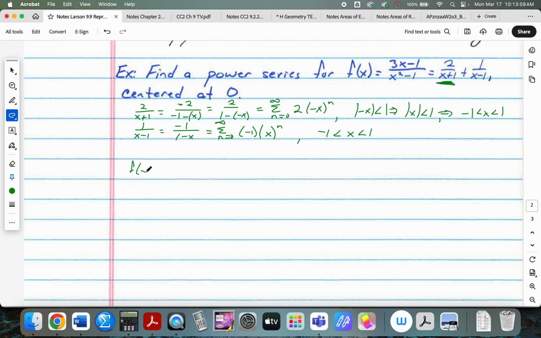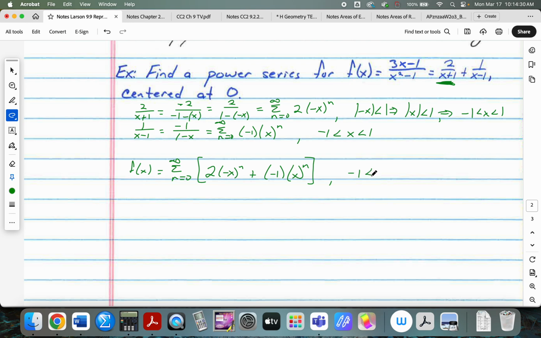So here, f of x is going to be equal to the summation as n goes from 0 to infinity of just the sum of those two parts. So it'll be 2 times negative x to the nth plus negative 1 times x to the nth. I need to put brackets around that because I want all of that to be in my summation.